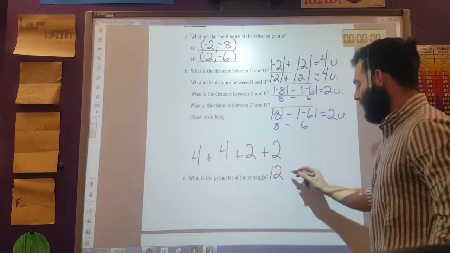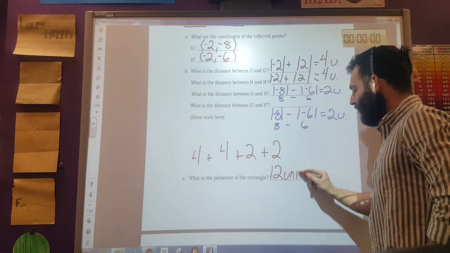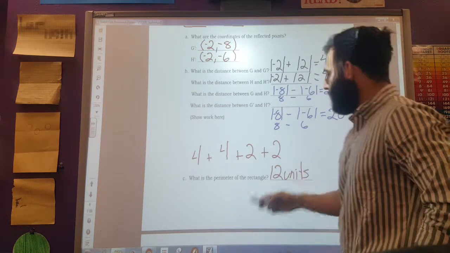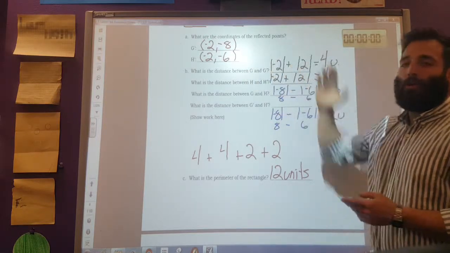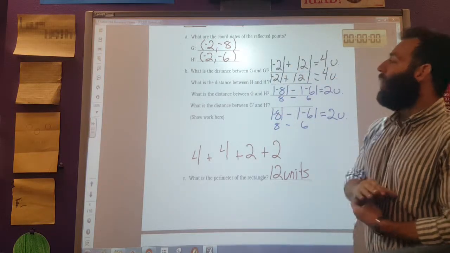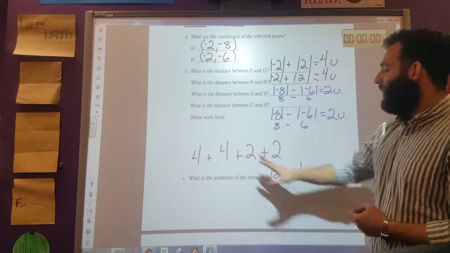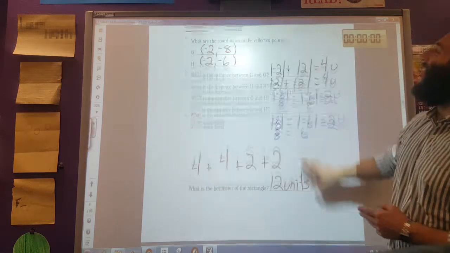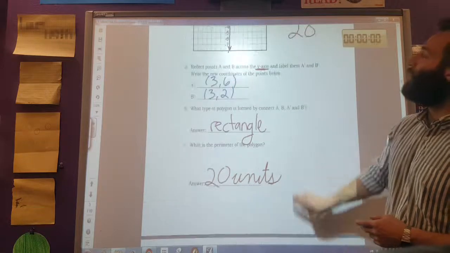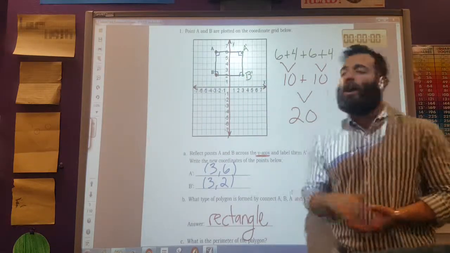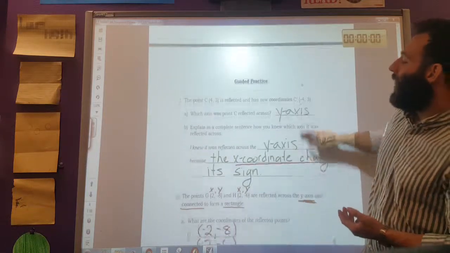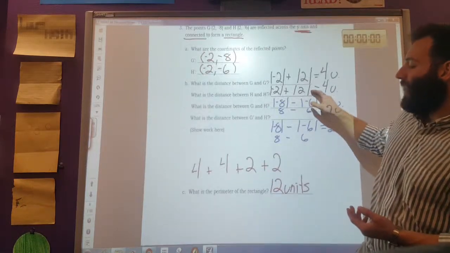Remembering not to have any naked numbers, 12 units. And you've now reflected 2 points across one of the axes and found its perimeter without ever having to look at a coordinate plane. Now remember, if you need a little bit more time, feel free to rewind this video.